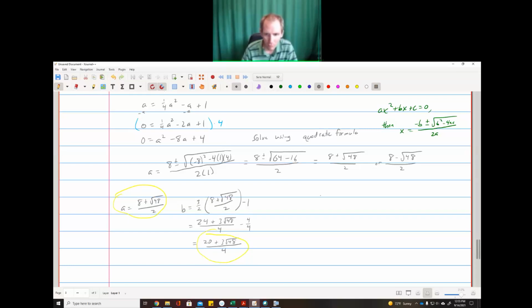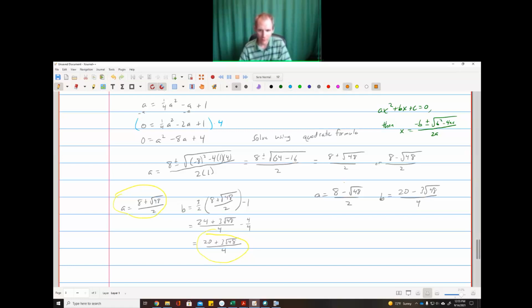And then if a is equal to 8 minus the square root of 48 over 2, well, the only difference is that I've changed this plus to a minus. I didn't really do anything with it. So I'm just going to skip a little bit of work here and write my value for b.